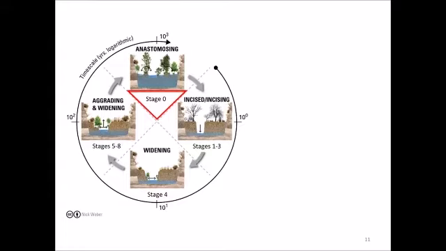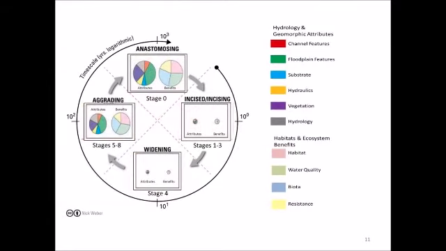Now, the other thing that Brian brought to this that was highly original was to evaluate the benefits and hydrological attributes and geomorphic attributes of systems and how these change during incision. So what we see in the pie charts are hydrological and geomorphic attributes and habitat and ecosystem benefits. And in stage 0, we pretty much maximize these.